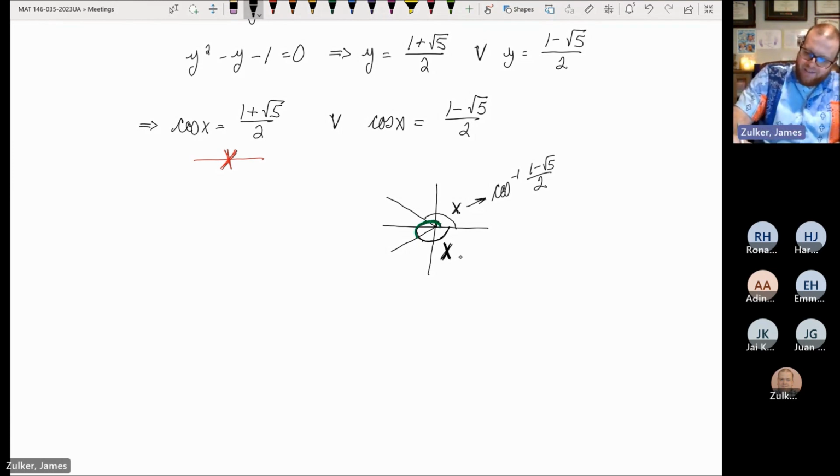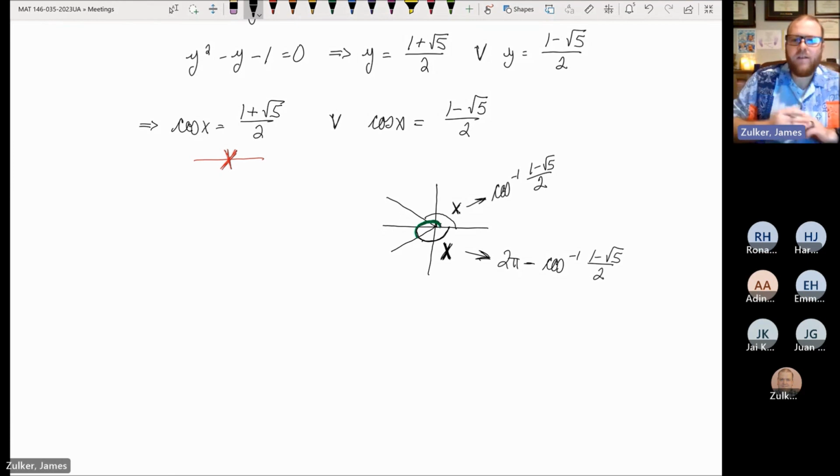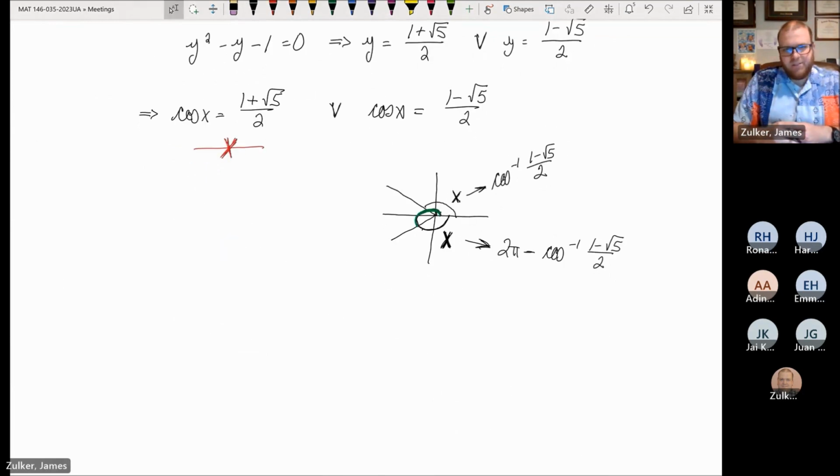So wouldn't that be 2 pi minus the inverse cosine? And we did nothing fancy, right?